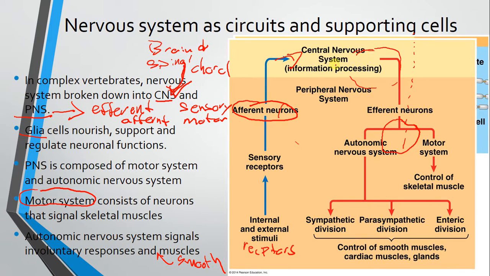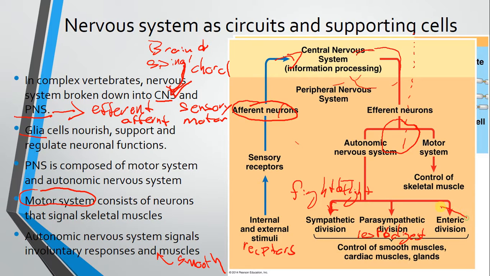Our central nervous system then takes that information, processes it, and sends out signals either to our motor neurons that control our skeletal muscles or our autonomic nervous system. It's broken down to our sympathetic nervous system, our fight and flight response, and our parasympathetic nervous system, our rest and digest response.